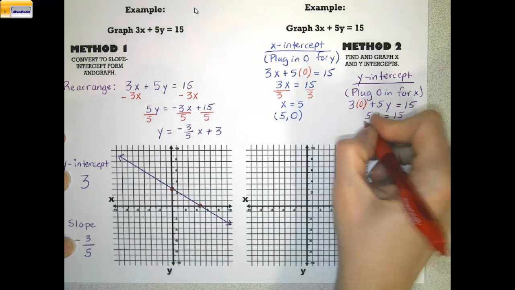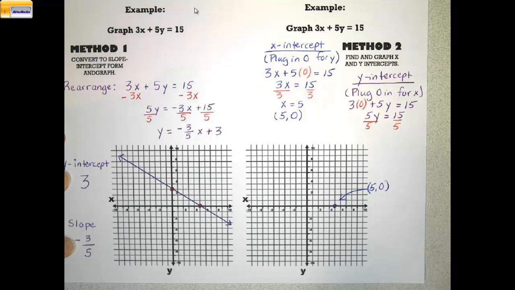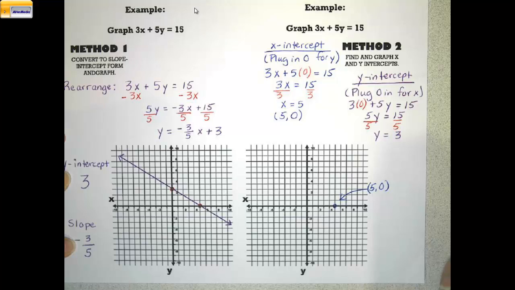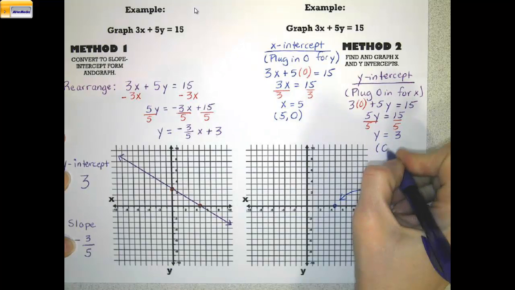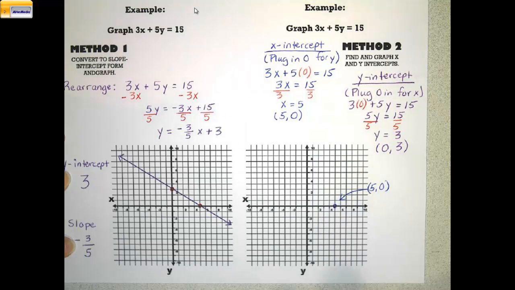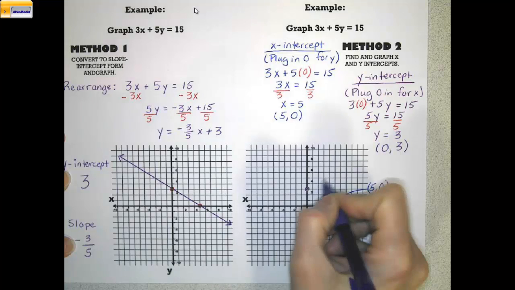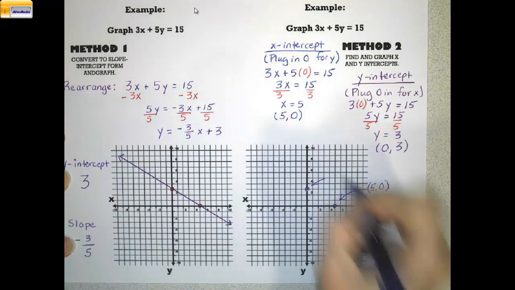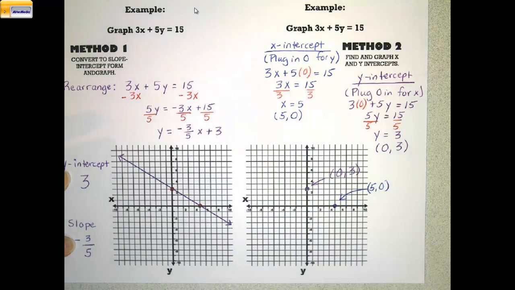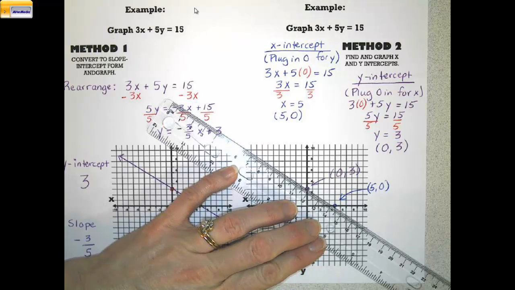I'll divide both sides by 5 in order to solve for y, and I get the result that y equals 3. So this gives me the point where x is 0, because I let x be 0, and y is 3. And this is my y-intercept. So I can also graph this point, 0, 3. Now that I have 2 points, I can draw a line.